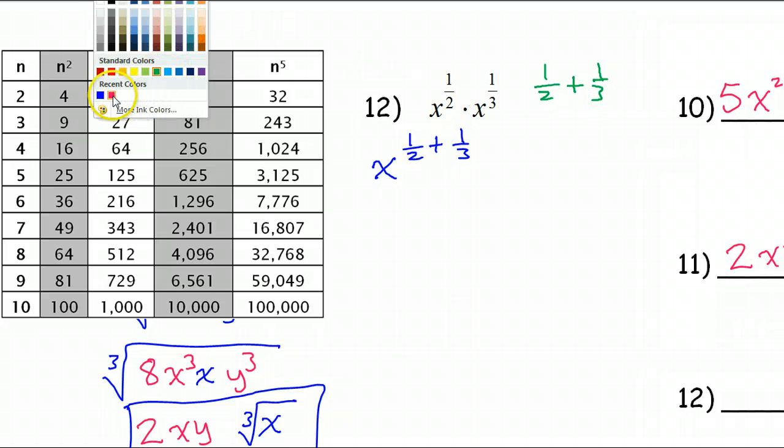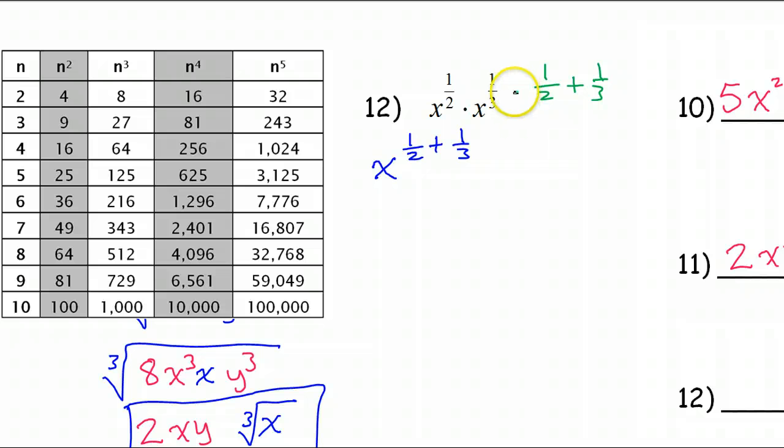When you're adding, this is when you need like denominators. So we will multiply these by 3's and multiply these by 2's. So that is going to give us 3 over 6 plus 2 over 6. 3 plus 2 is 5 over 6.